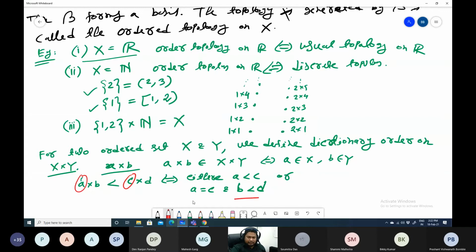So this is called the dictionary topology. Why dictionary topology? This order generally follows the dictionary.